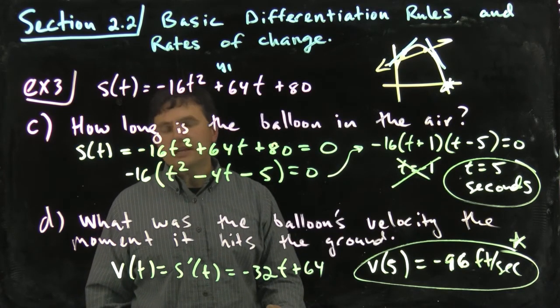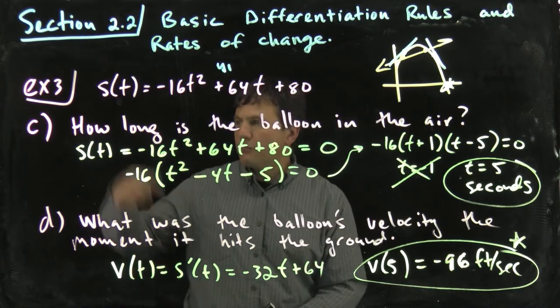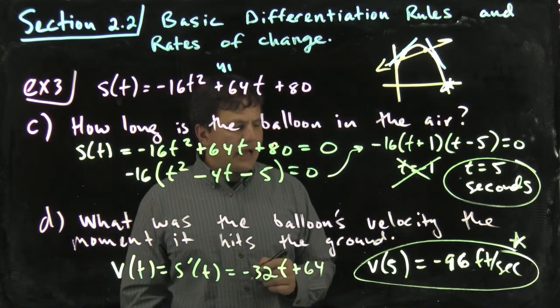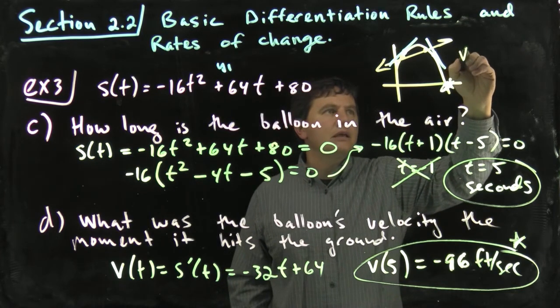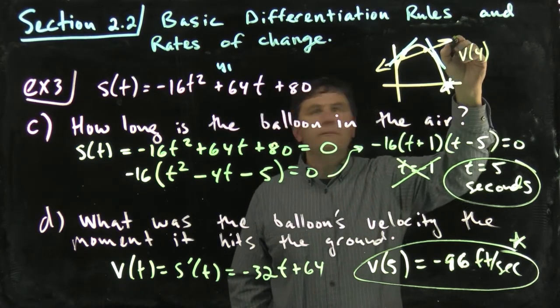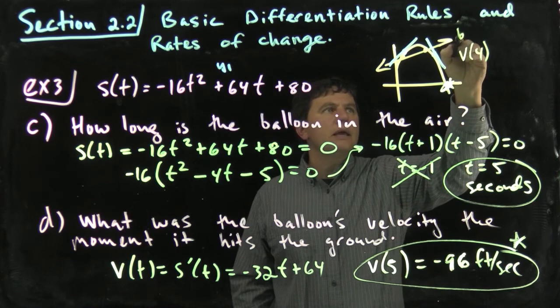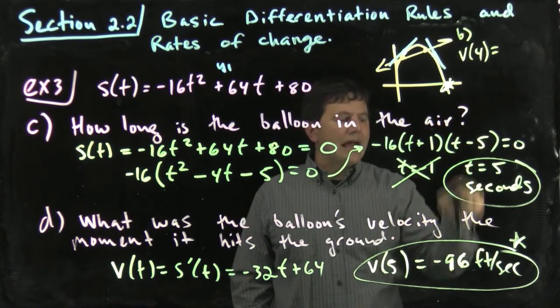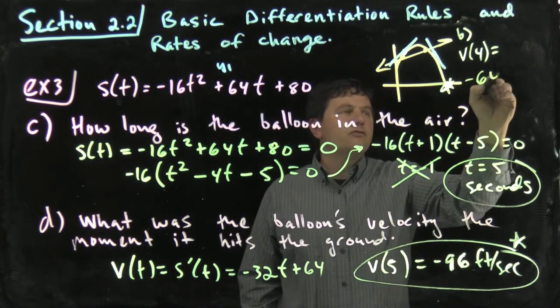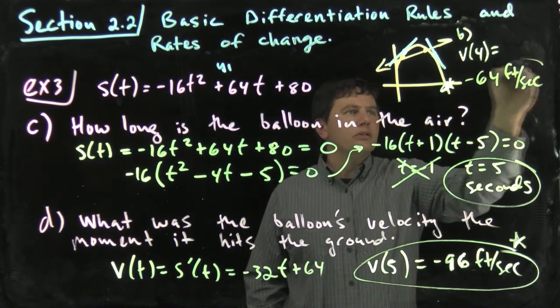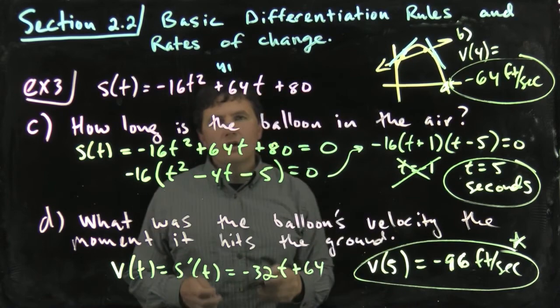So I got to make a fix. In the part before this, I said the velocity at 4 was this. My mistake. V of 4 from part B was not -96 feet per second. It was -64 feet per second. So please make that change if you haven't already.